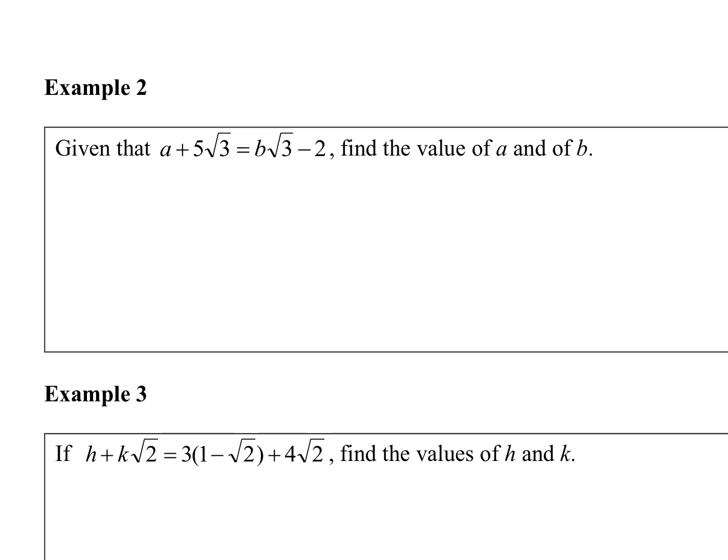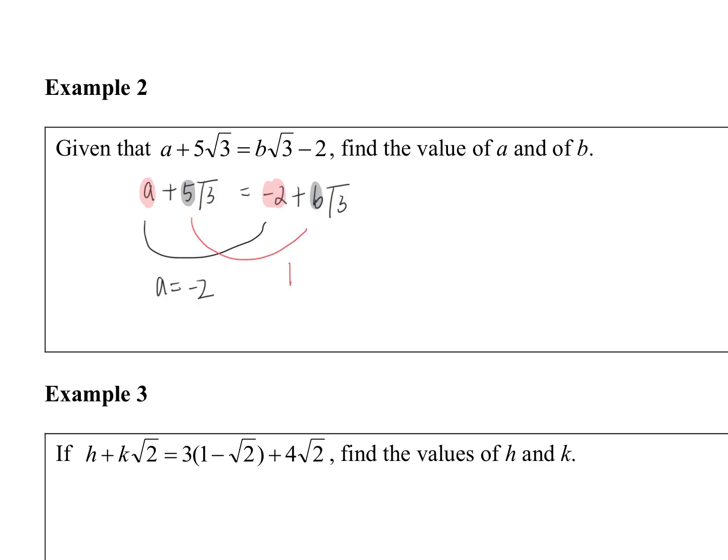This one, just rearrange them and compare. A plus 5 root 3 equals minus 2 plus b root 3. So you observe, A is just minus 2 and B is just 5. That's all. Don't work too hard. Okay? Compare.